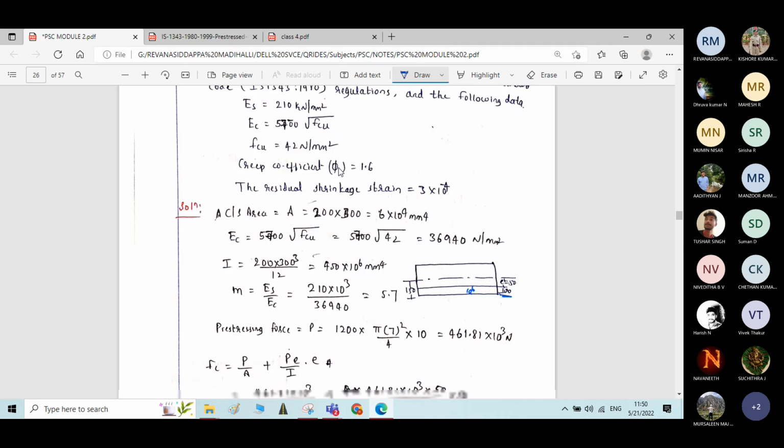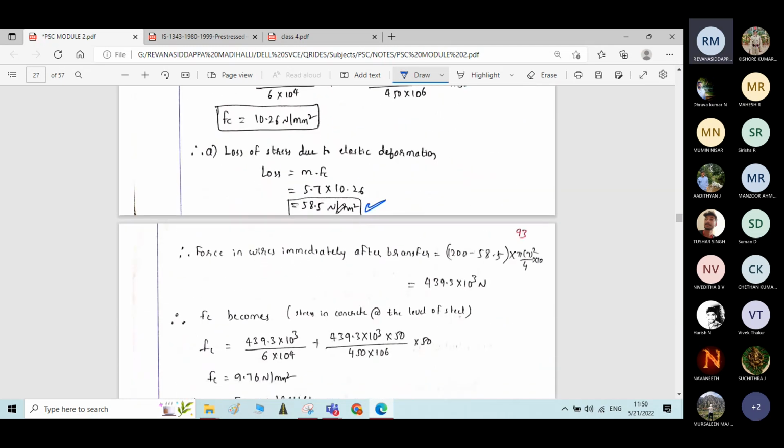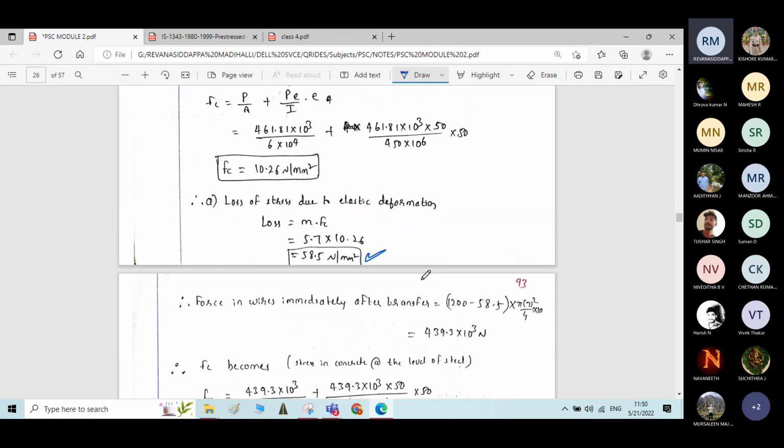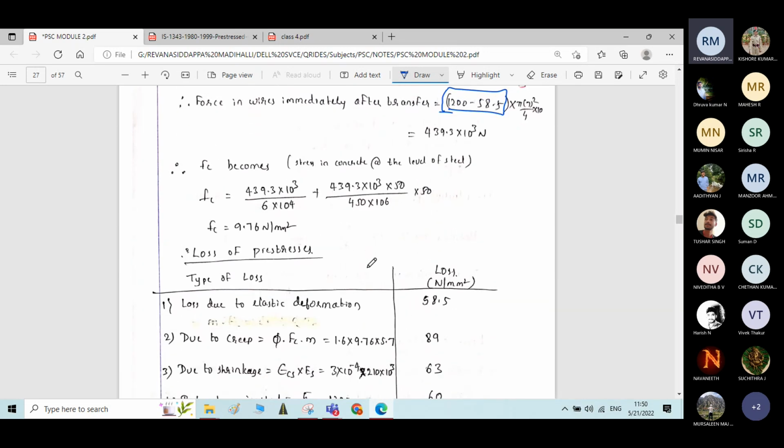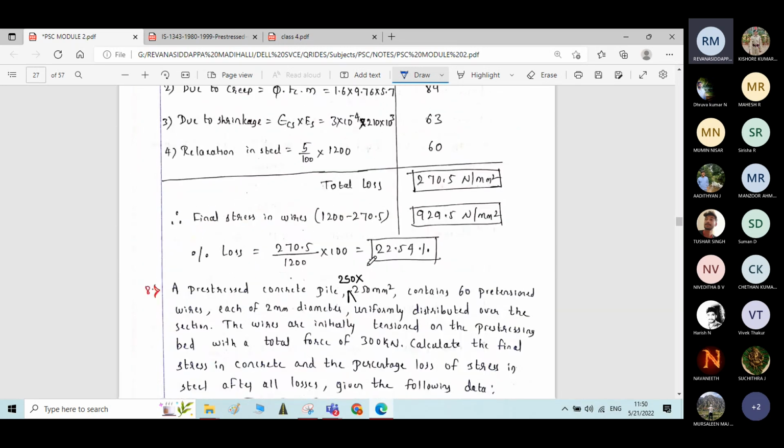We got it as 58.5 Newton per mm square. Next, for the coming calculations, you need to take the initial pre-stress as 1200 minus 58.5, that is, for calculation of the next coming losses.